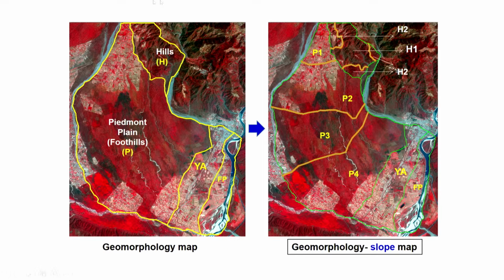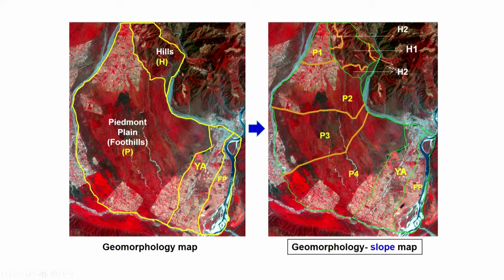Again I am saying that you take one interpretation at a time. Never do all three information together. First you have to prepare the geomorphology map. You see, I have prepared the geomorphology map: hill, foothills, floodplain, alluvial plain. Then the second task is that I have to prepare the geomorphology and topography map.